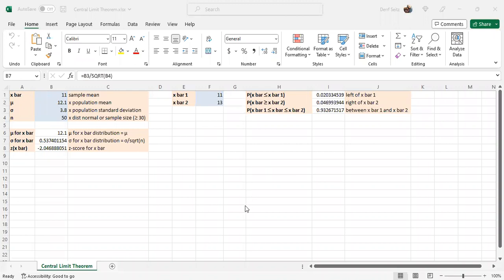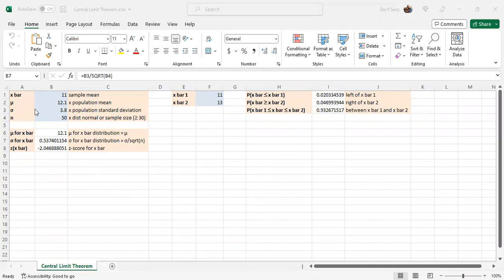Central Limit Theorem. This video shows how to use Microsoft Excel to do calculations related to the Central Limit Theorem. The Central Limit Theorem is about sampling distributions of a sample statistic, in this case, X bar, the mean of a sample.